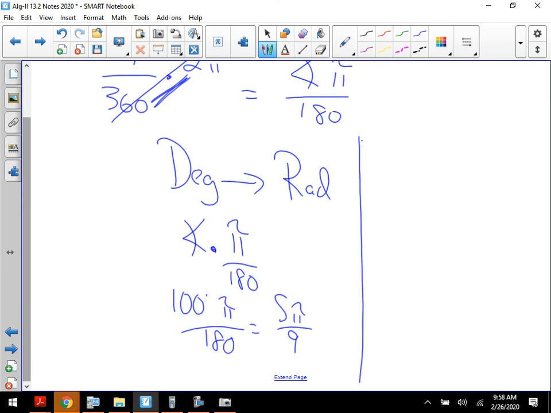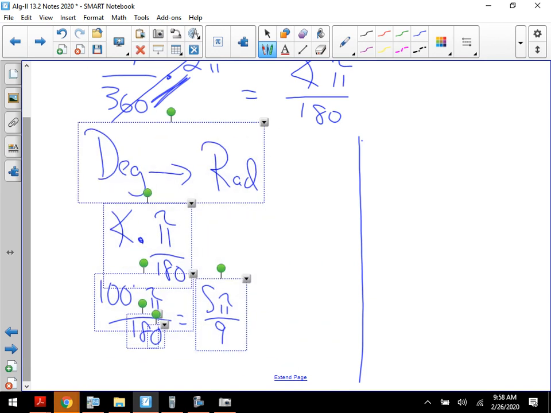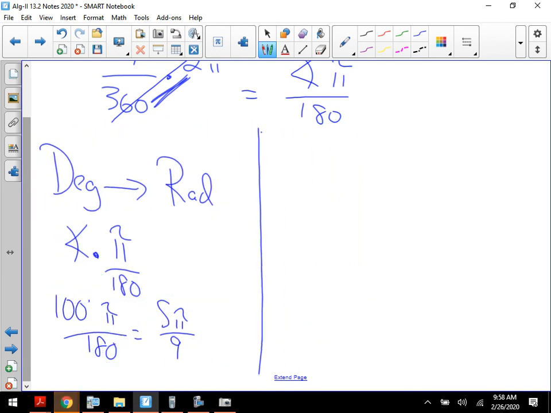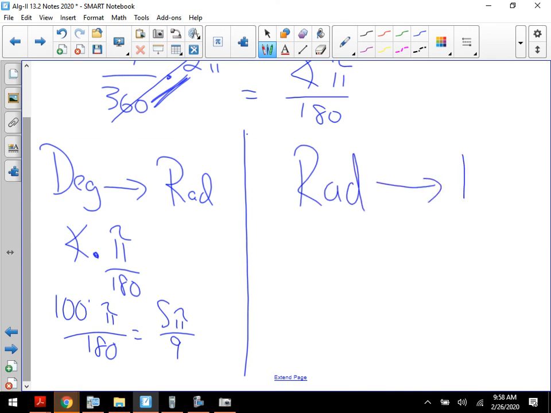To go the other way, from radians to degrees, we take our radian value, whatever that theta is, times 180 over pi. Because what will happen is the pi values will drop, because pi divided by pi is always going to equal 1.